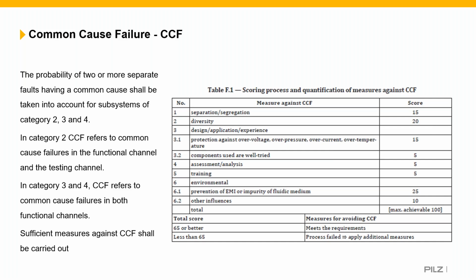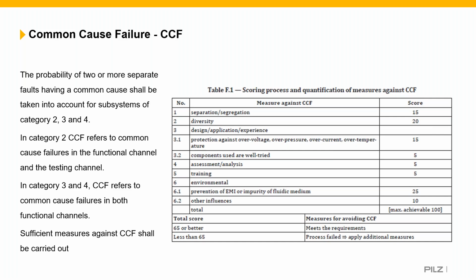When you look at the design, have you protected against over voltage, over pressure, over current, over temperature? We come back to the components being used being well tried, so they have higher MTTFDs. Have you done due diligence with your assessment, your analysis? Is the engineer trained in safety-related control systems or experienced in machinery safety?